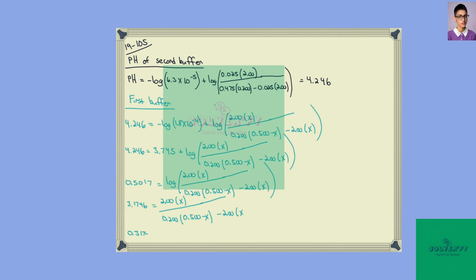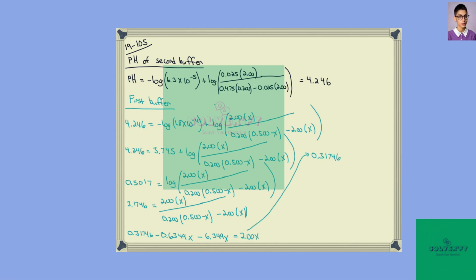Now what I can do is take this entire denominator and multiply it by both sides of the equation. So I'm going to take this entire thing and multiply it by this. When I do that, I get this on the left-hand side, still equal to all that I have on my right-hand side, 2.0 times 10 to the x.